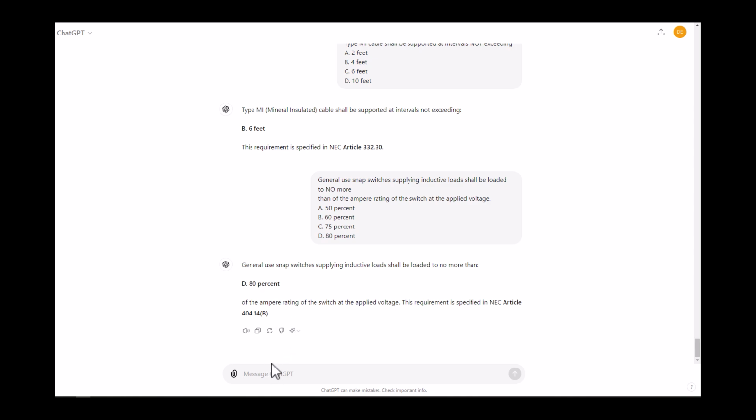Here we already showed how to make the correction or edit the question to get the answer. But as far as the code, what we're looking for is 50%, not 80%. The article is also wrong. See you guys in the next question.